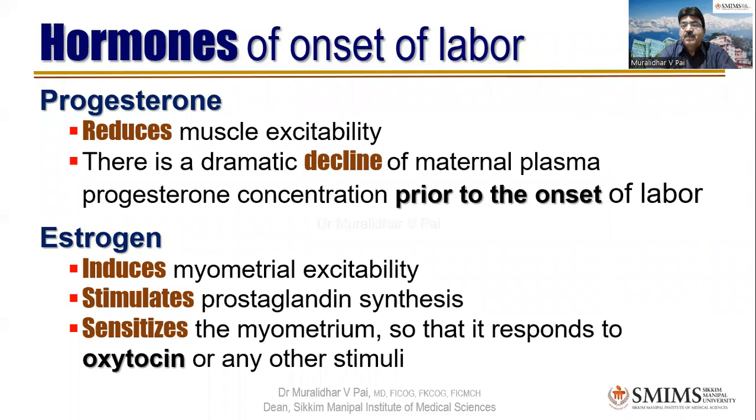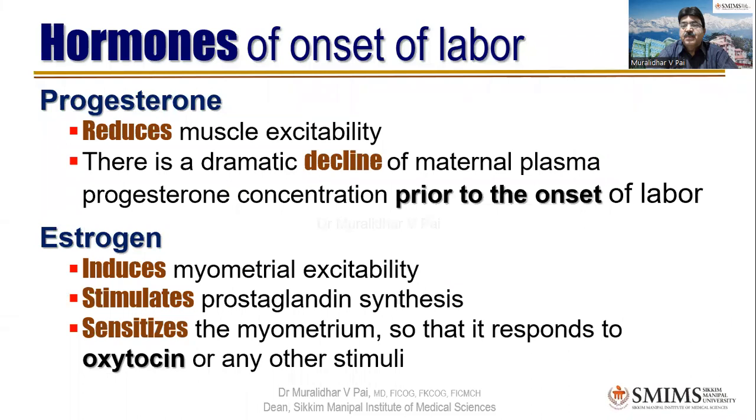First of all, it makes the muscle get excited. And who will excite the muscle? It's the prostaglandin and oxytocin. So estrogen will stimulate prostaglandin synthesis, and it sensitizes the myometrium so that it responds to oxytocin or any other stimulant.